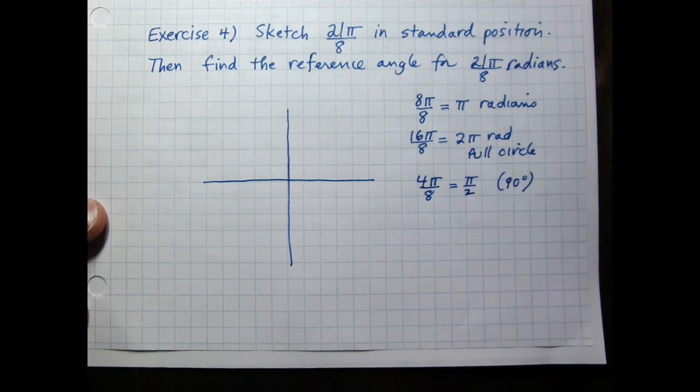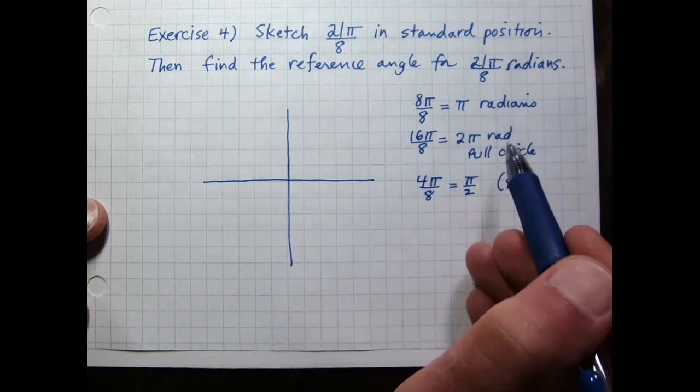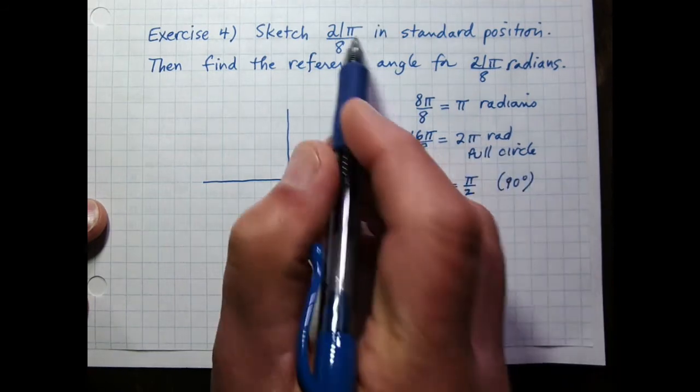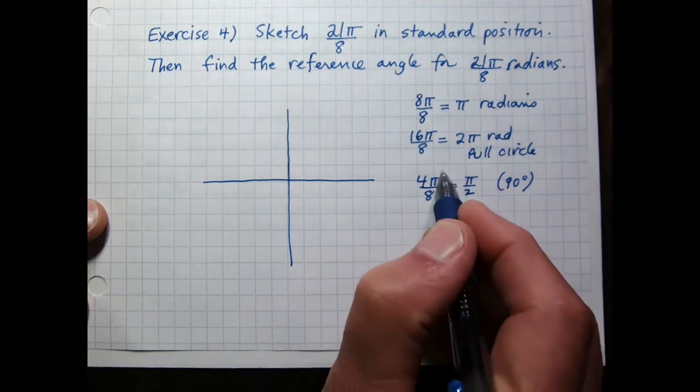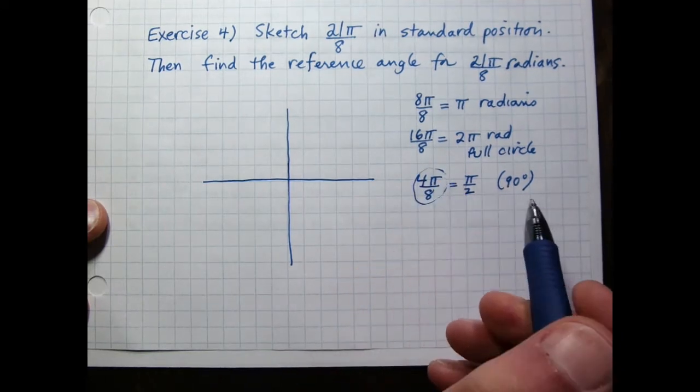So even though I'm not familiar with pi over 8 so much, I can use some of these easier to think about values to help me picture where 21 pi over 8 is. In fact, I'm going to count by 4 pi over 8 as I go through each quadrant.